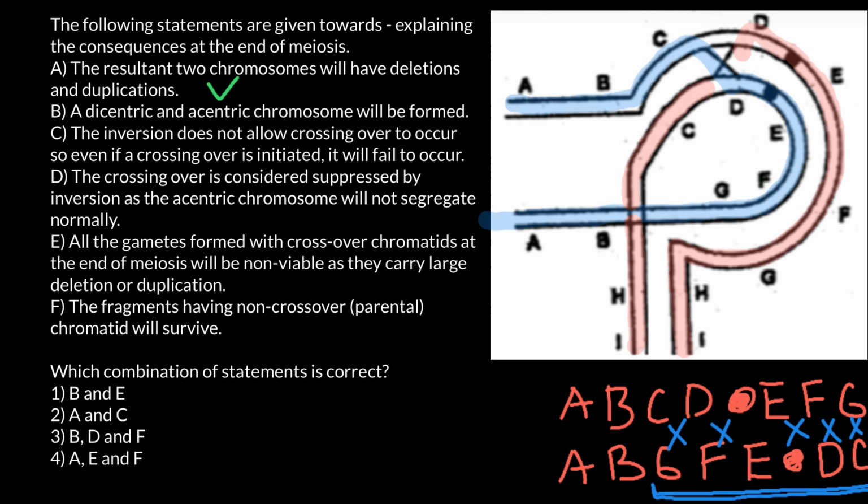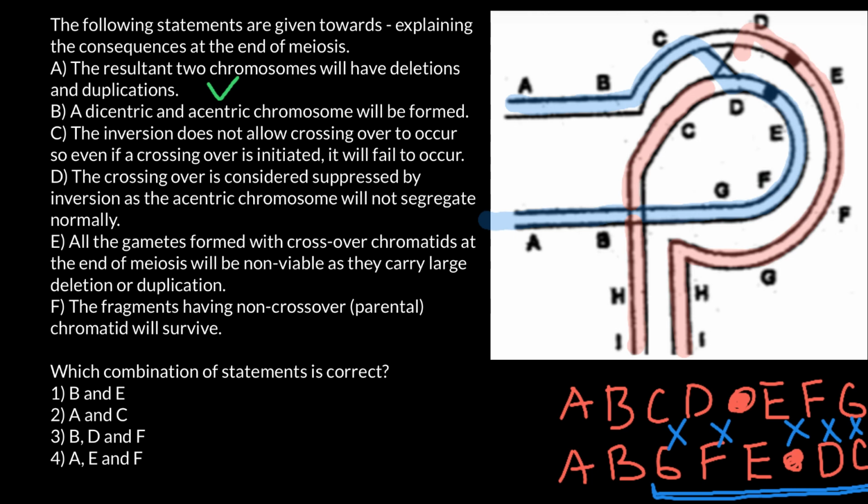So next, variant D, crossing over is considered suppressed by inversion, as the dicentric chromosome will not segregate normally. So once again, this would be true if the centromere were outside this structure.